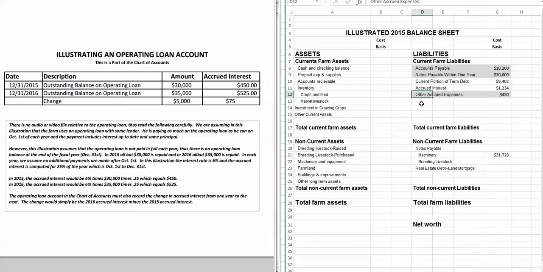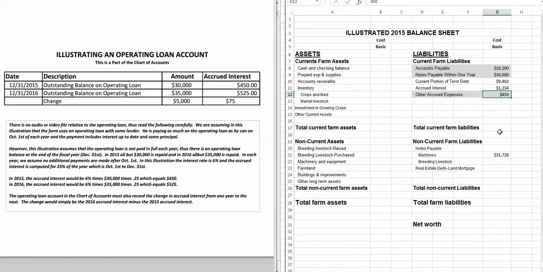Well, every year you pay your property taxes, those property taxes begin to accrue the next day, and they accrue for 1 year until you pay them again. So if you pay your property taxes in September, when you get to December 31st of that year, part of that next year's property tax has actually accrued. In other words, if you were to sell that land, you would have to pay a portion of next year's property tax. So that portion should go right there, other accrued expenses.